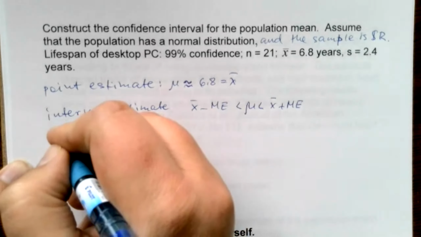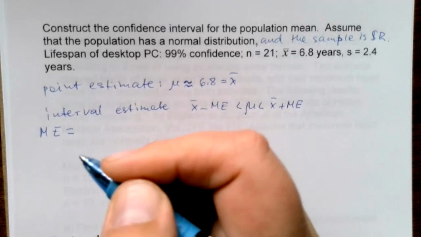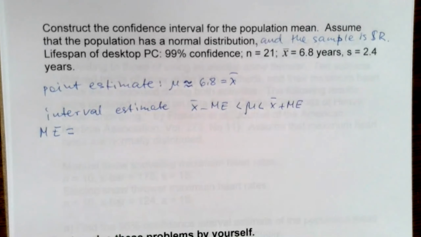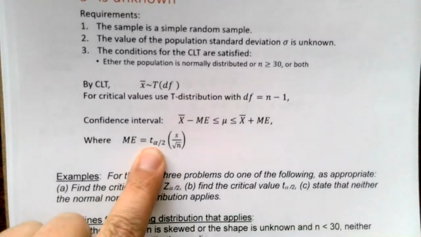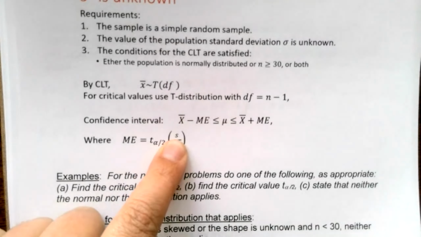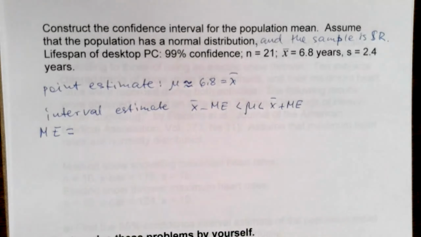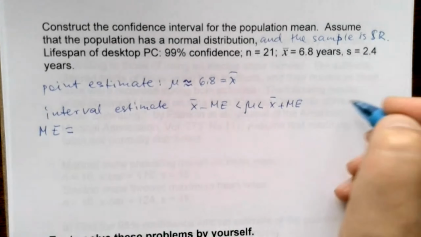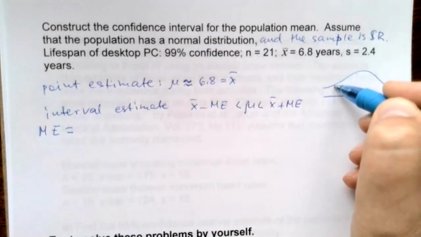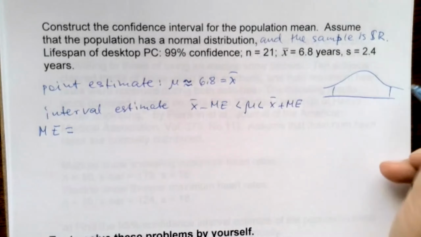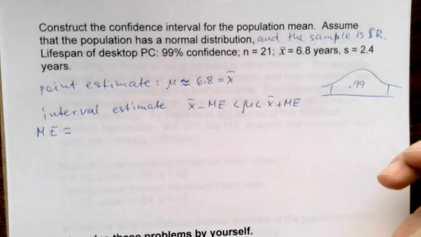Okay, what's the margin of error? Well, the formula for the margin of error is this. We need a critical value t, and multiply by s divided by the square root of n. Let's figure out the critical value t. If my confidence level is 99%, that means that alpha is 0.01.